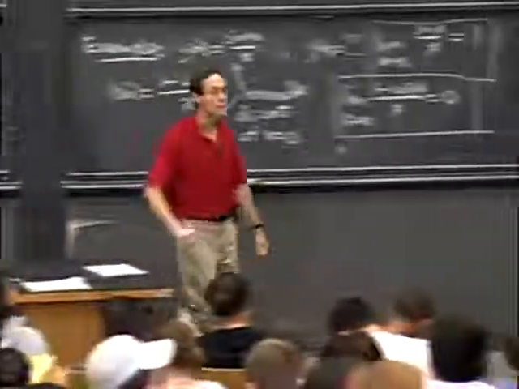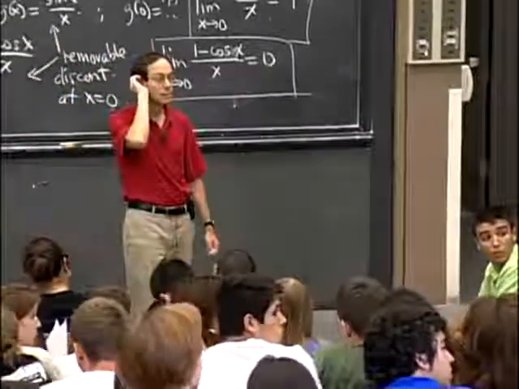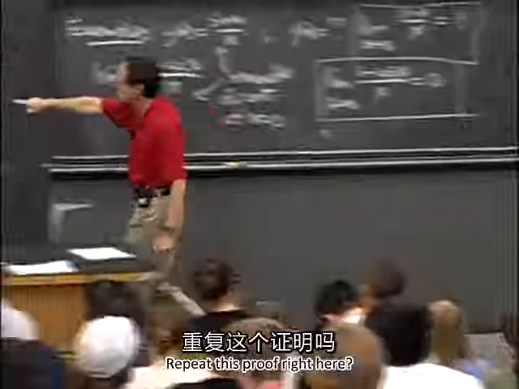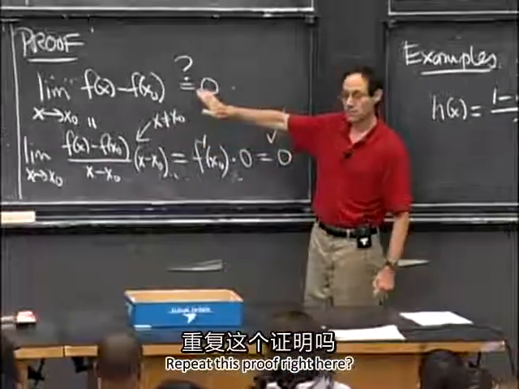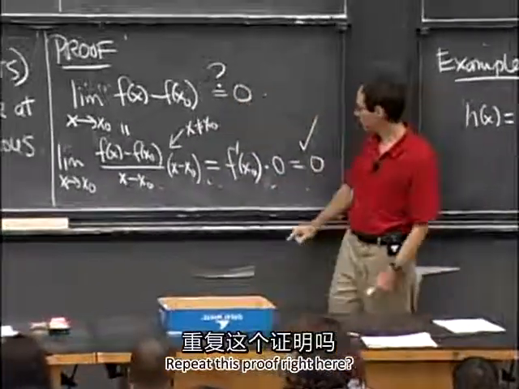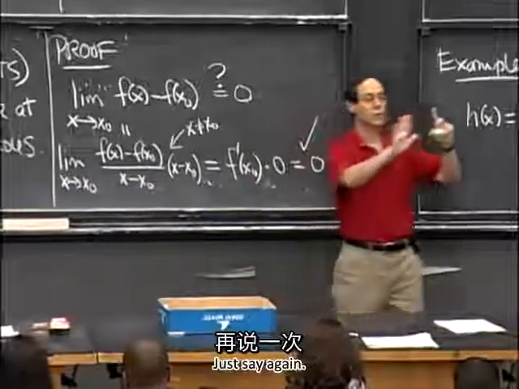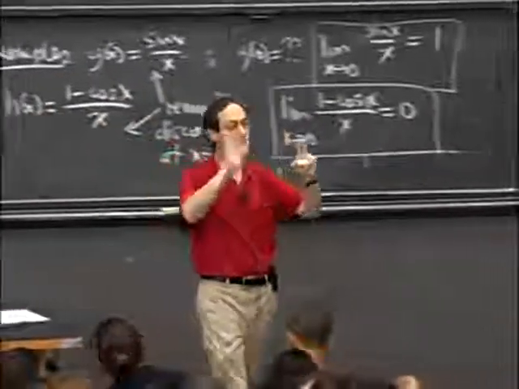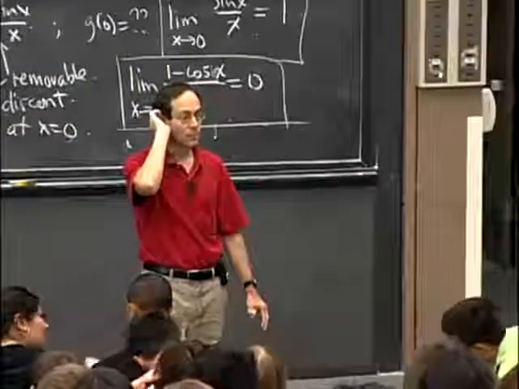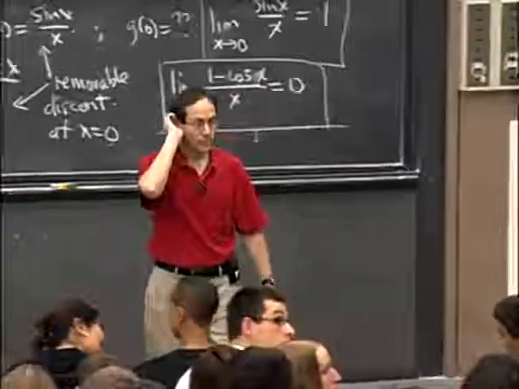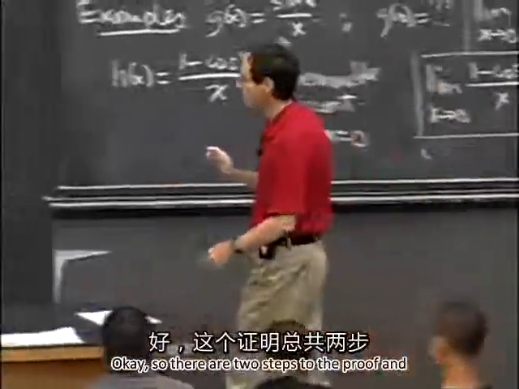Can you go over the proof right here, please? Repeat this proof right here. How did you get x minus x0 and put it at the bottom? Why did you multiply it?